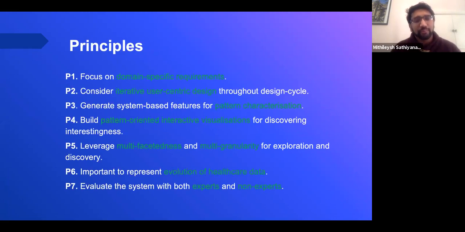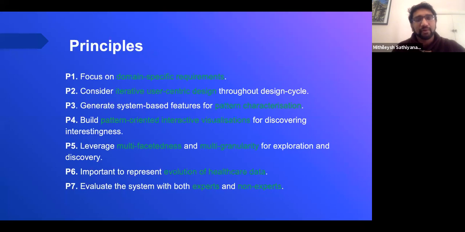And to contribute better to academic research, we thought it might be wise to come up with a set of principles, from whatever we observed, whatever notes we made, whatever we analyzed, whatever solutions we developed, and the evaluations that we conducted. So we came up with 7 principles. Principle number 1: we need to focus more on the domain-specific requirements if you want to make it a very strong solution.